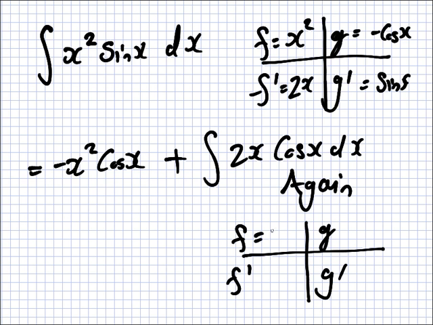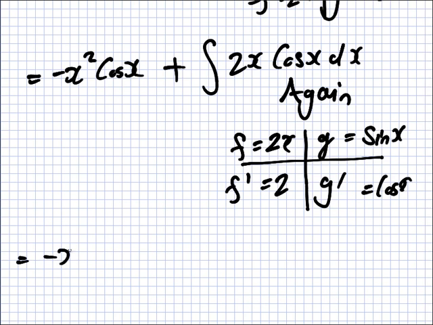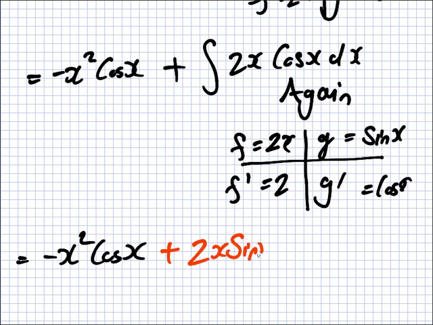Okay, so f is 2x, f derivative is 2. g derivative is cos x, and g sin x. Okay, so let's use the formula again. I'll put that in red. So plus fg minus integrate f derivative g.